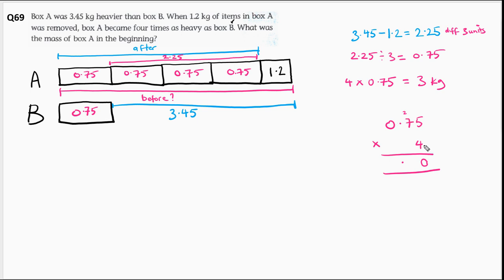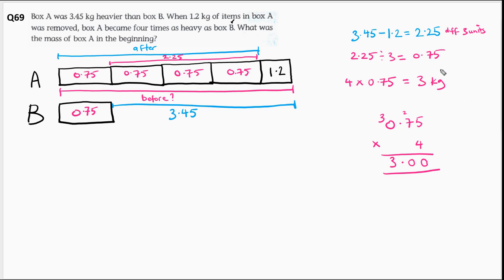Then I have 4 times 7, that's 28, plus the 2 that I carried is 30. So that's a 0 there and carry the 3. I've got nothing there, so 4 times 0 is 0, but I have the 3. So there I've proved to you it's 3 kilograms, and that wasn't a difficult calculation, was it?